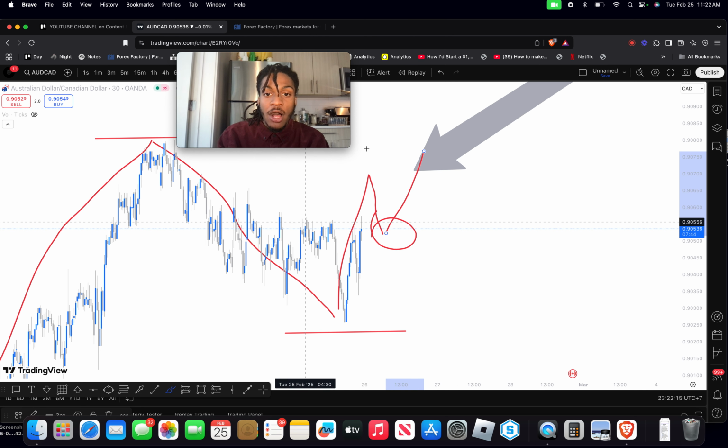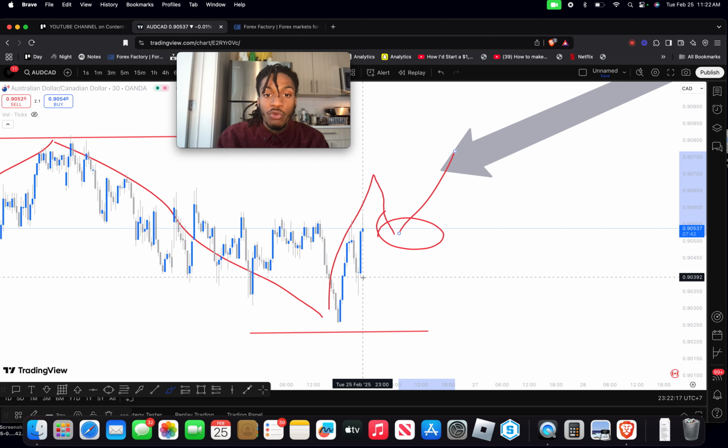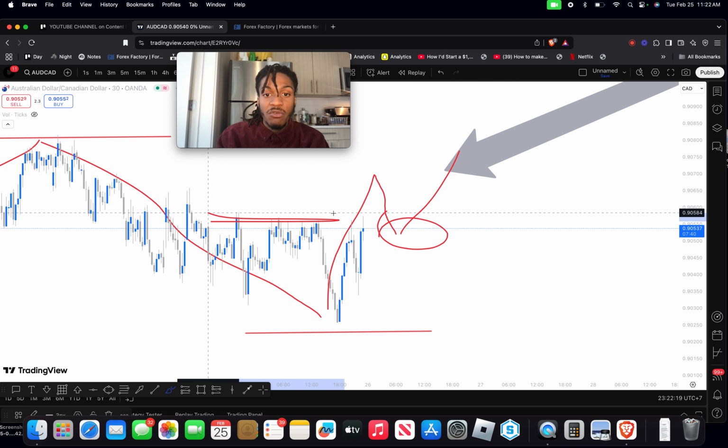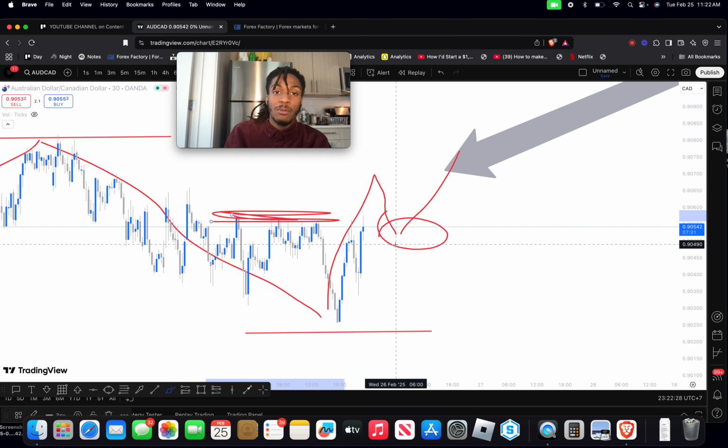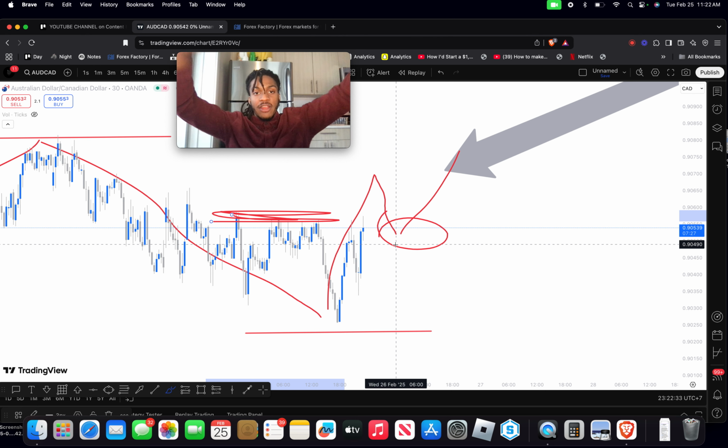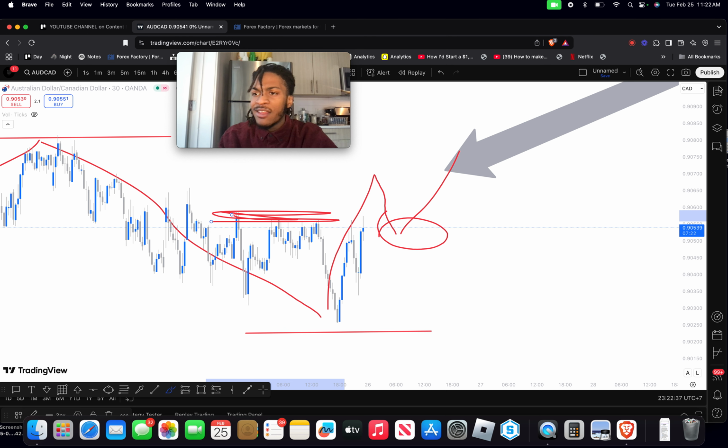And once we come up, you're going to see some blue candles break this liquidity right here. And when it breaks that resistance, that liquidity, and takes out these traders that think the market's going to go down, then I'm going to get in, because that's how smart money works. For those that understand that and have some experience with this, you understand what I'm talking about.